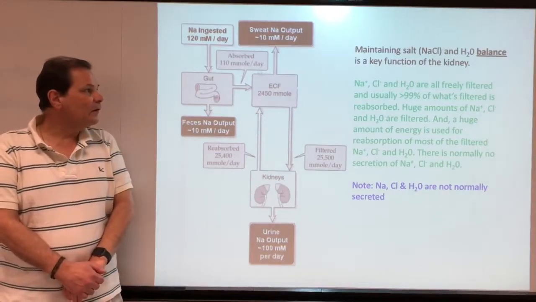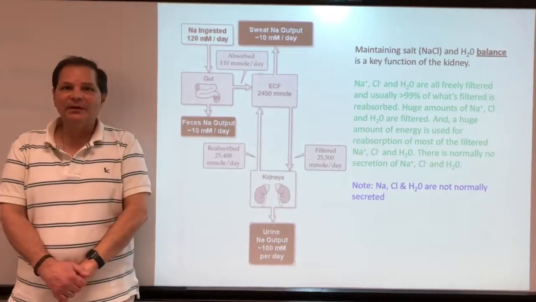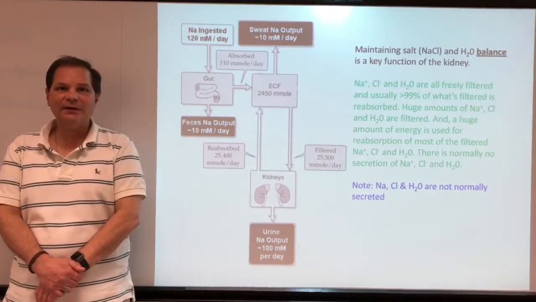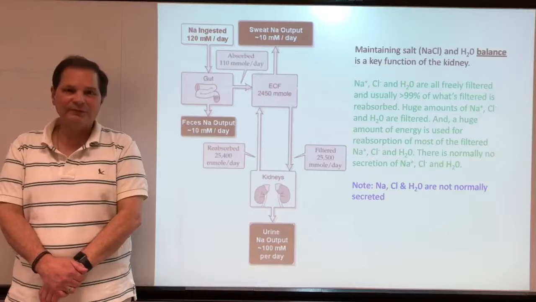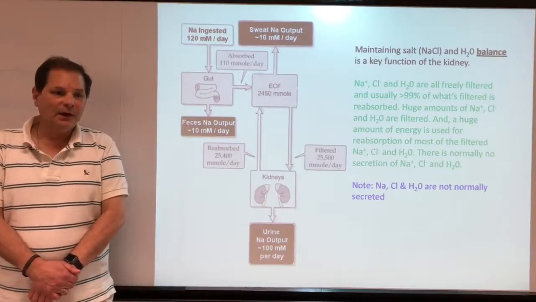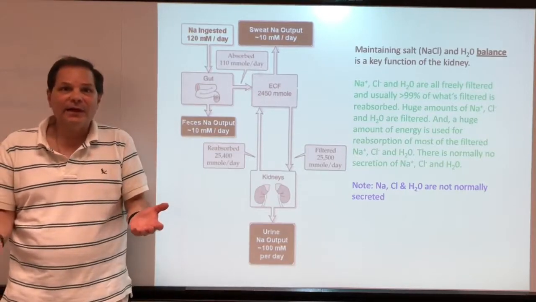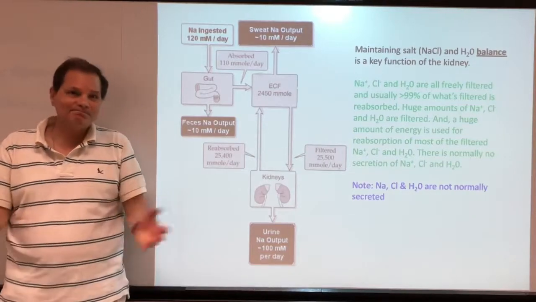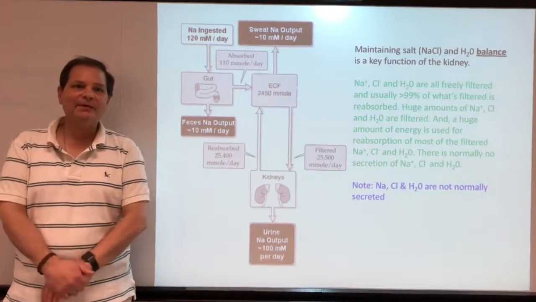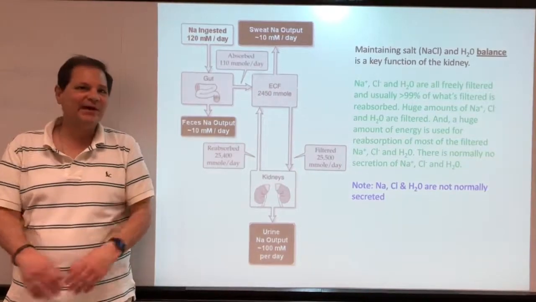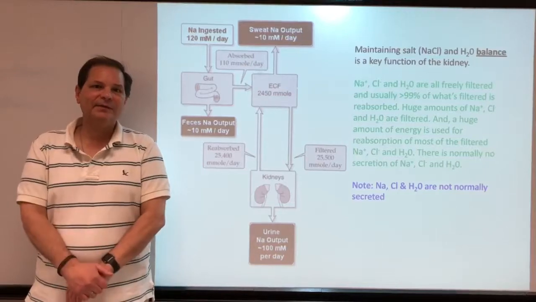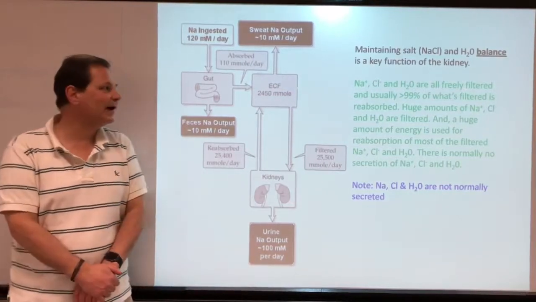So ultimately, if you eat so many milligrams of sodium chloride, your kidney will get rid of most of that over the course of a day, so that what goes in comes out. Short term, things may go up, things may go down, depending on your hydration status, et cetera. But overall, over a long period of time, the input has to equal the output.